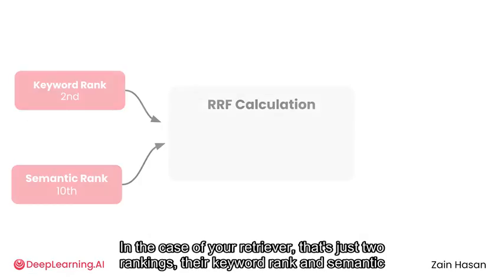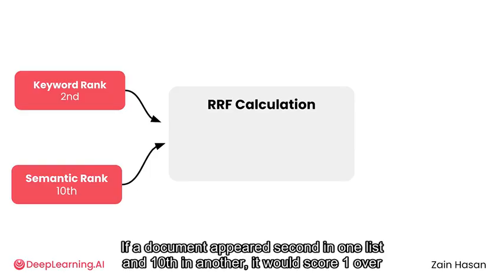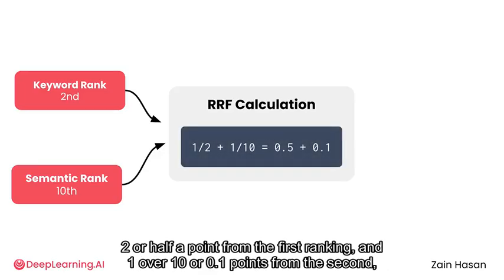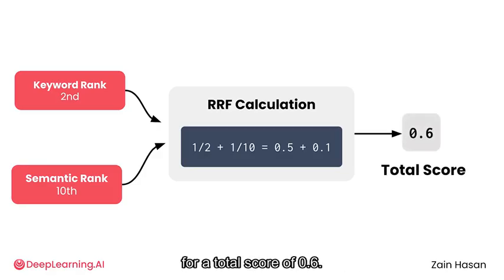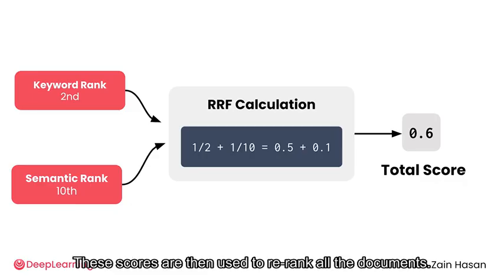In the case of your retriever, that's just two rankings, their keyword rank and semantic rank. If a document appeared second in one list and 10th in another, it would score 1/2 or half a point from the first ranking and 1/10 or 0.1 points from the second, for a total score of 0.6. These scores are then used to re-rank all the documents.